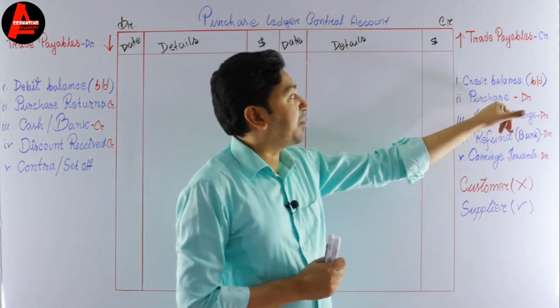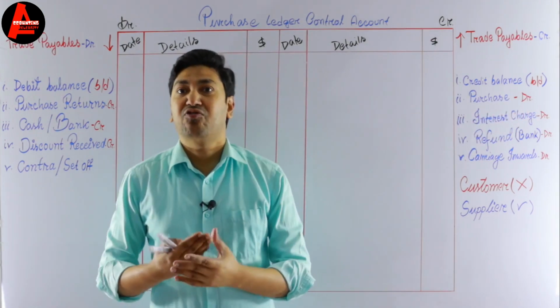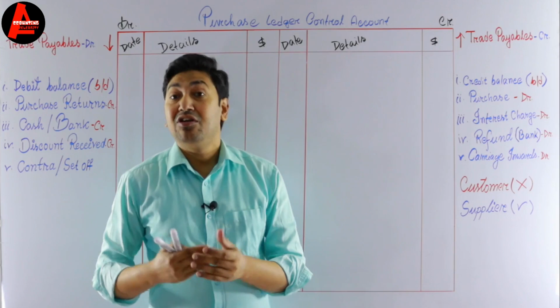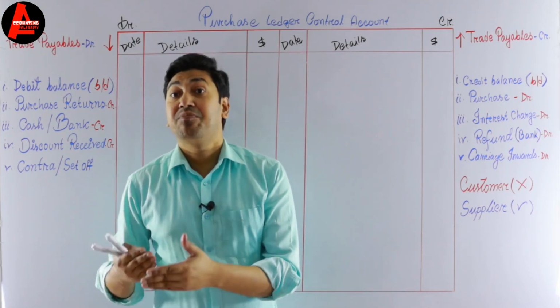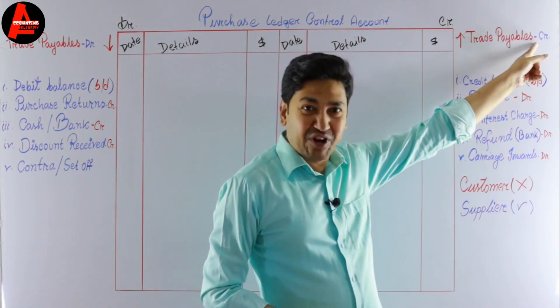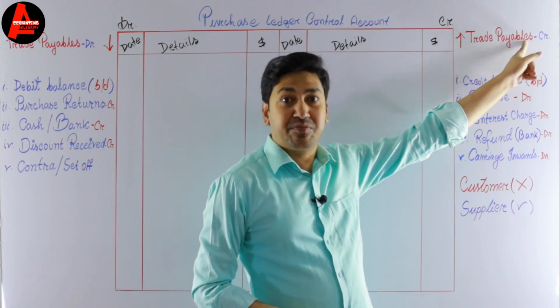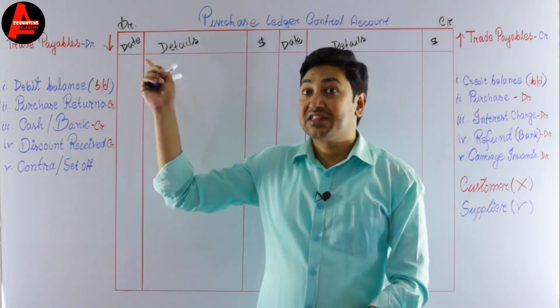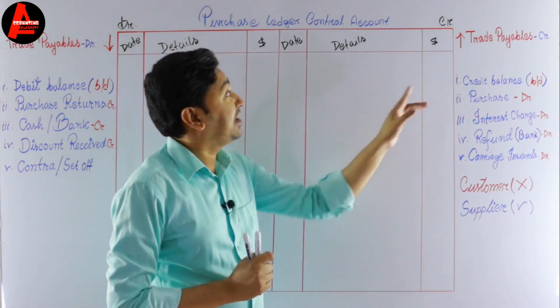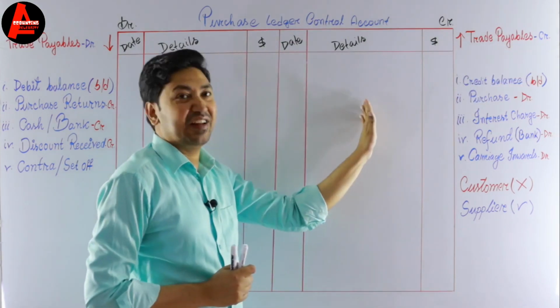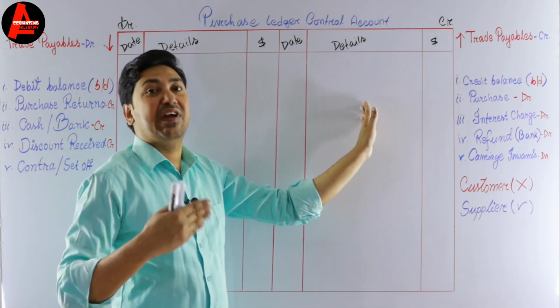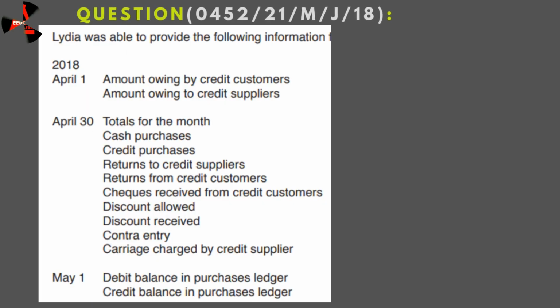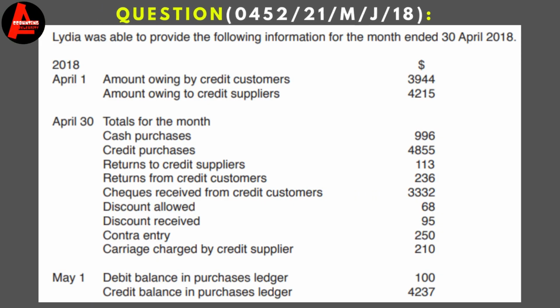For example, purchase of goods on credit. What is the double entry? Purchases debited, trade payables credited. We are doing the trade payables account, that means the control account, so it is a credit and we record it on the credit side. Very simple technique.